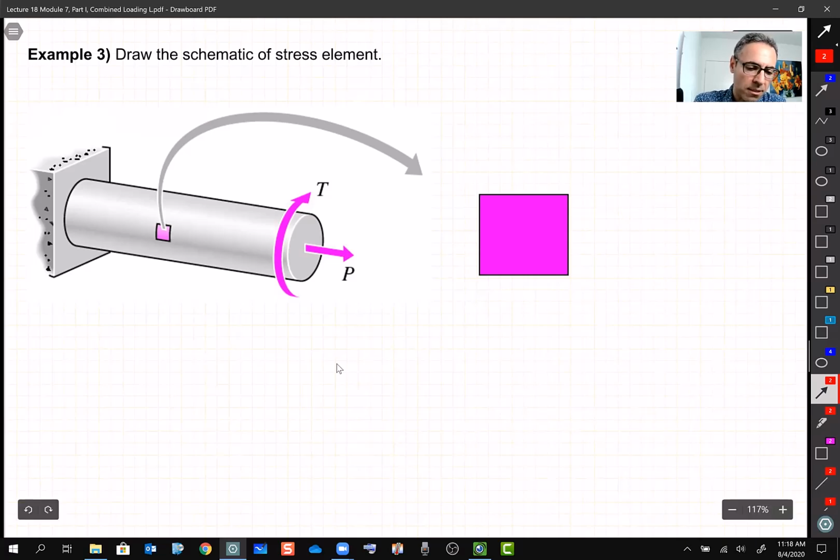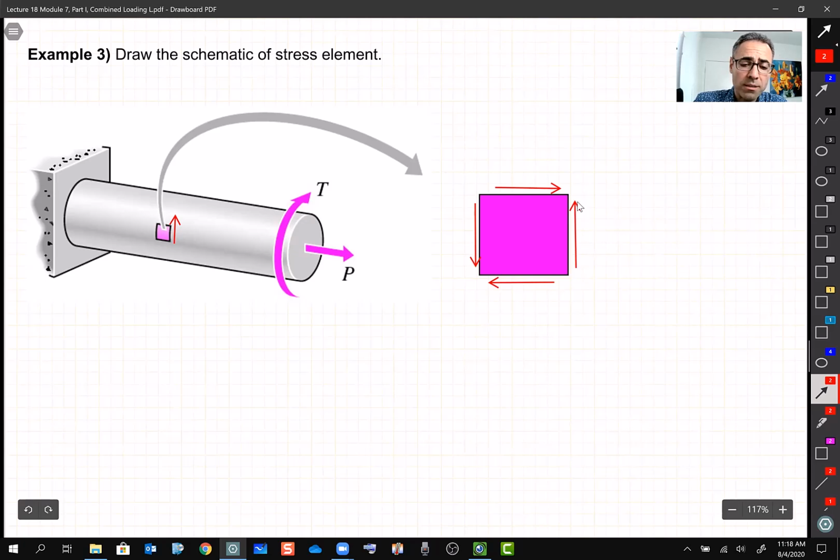T is going to create a stress which, based on the direction that we can see, is going to be like that. And again, this direction is important to understand. Look at this T and imagine all of these as disks, and based on this direction for T, the stress on this side is going up.